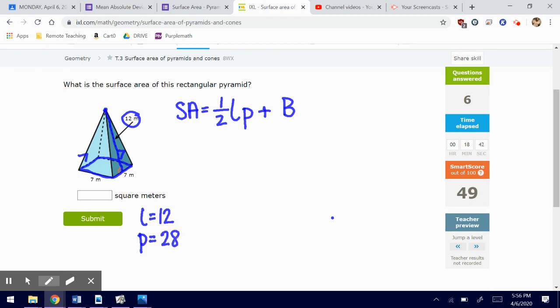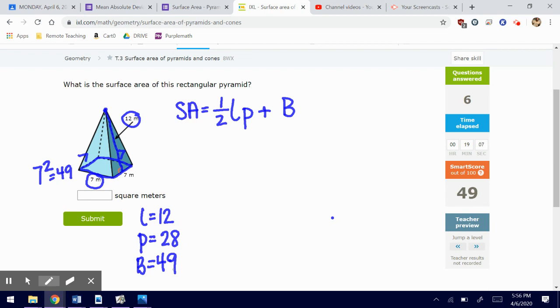All right, and then my capital B, or the area of the base. This is a square. So to find the area of a square, you take one of the sides and you square it. So 7 squared equals 49. So that means that the area of my base, which is the capital B, is going to be 49.